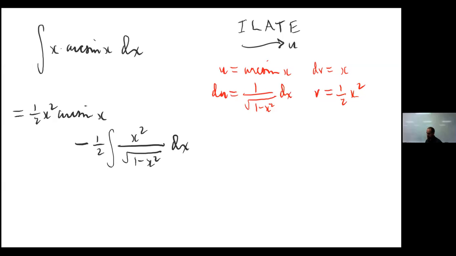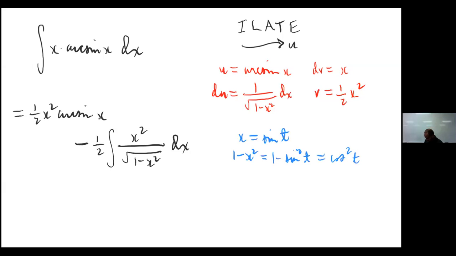Trig substitution. What would you do? Think about it. What x would be what? Sine of t. Okay. So the suggestion is to make x equal to sine of t, because then what's 1 minus x squared? Well, that would be 1 minus sine squared, which is, what's 1 minus sine squared?